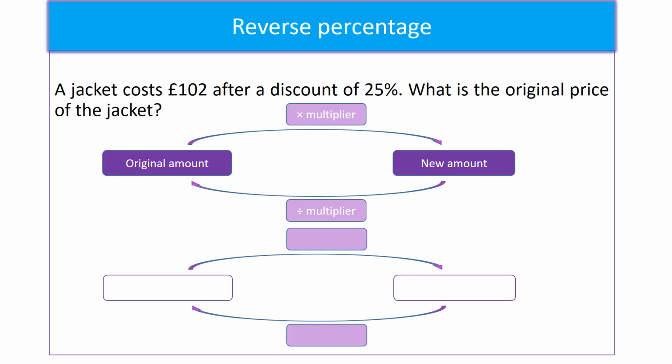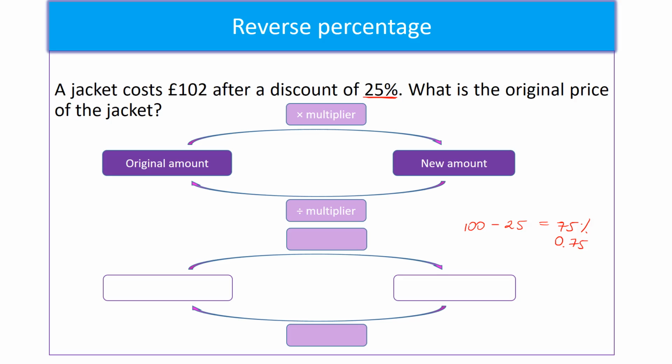Now the multiplier here, we need to calculate first. Because it's a discount of 25%, we need to take it away from 100, because we're not going to pay full price. We're only going to pay 75%, because the discount is 25%, and that is 0.75 as a decimal.